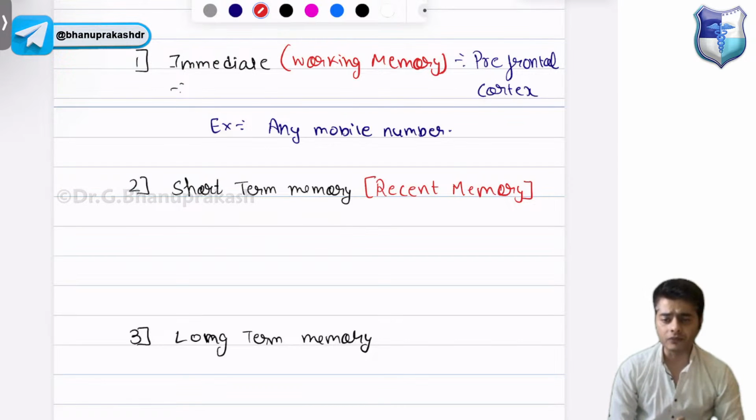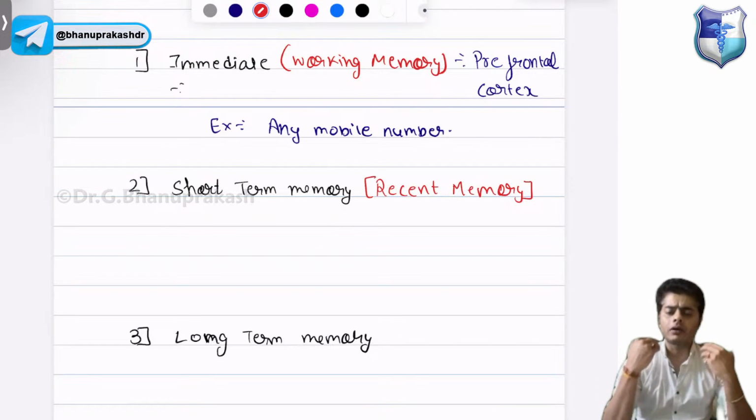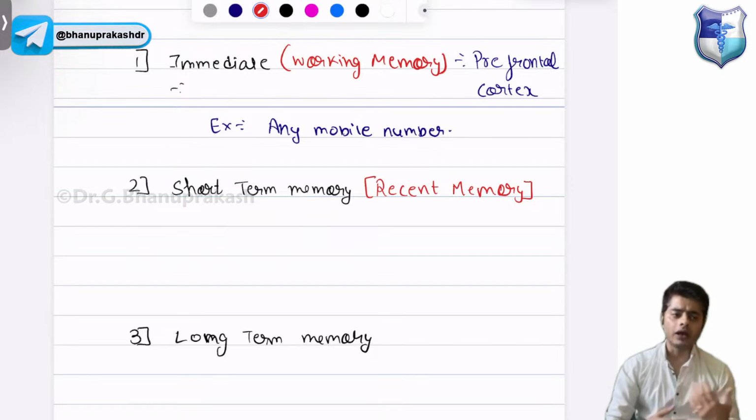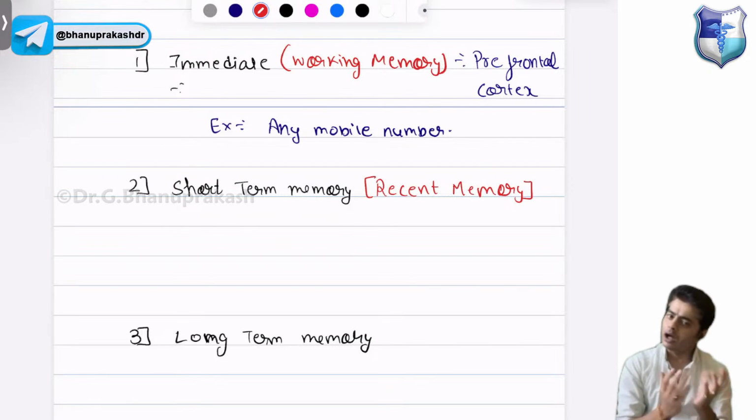Suppose you are visiting a place, and suddenly your colleague, or your boss, or some clerk or waiter comes to you. You will see his face and remember it, but for how long? Up to a minimum of 1 or 2 days. After that, you will forget it.